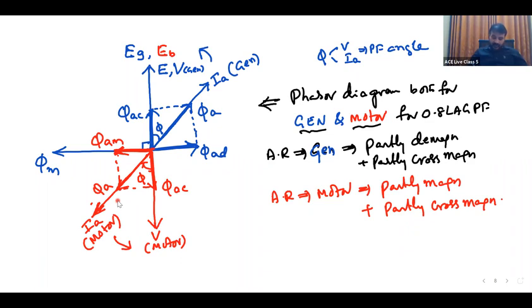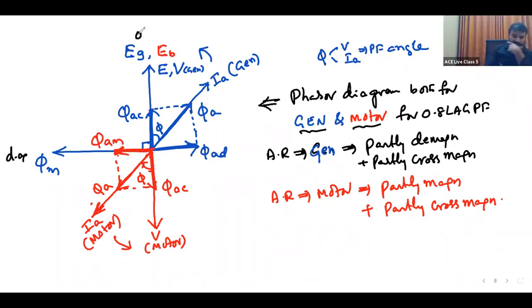Once explain about EB, sir, back EMF, how it is in that direction. EG and EB in a synchronous machine: flux direction is fixed along the D axis. Flux is phi m along the D axis.